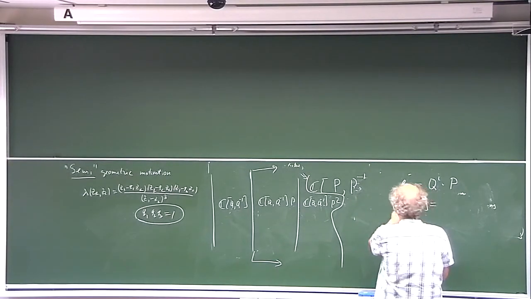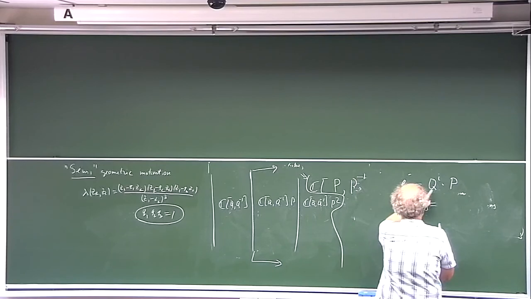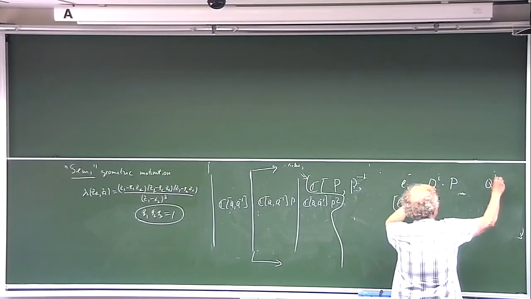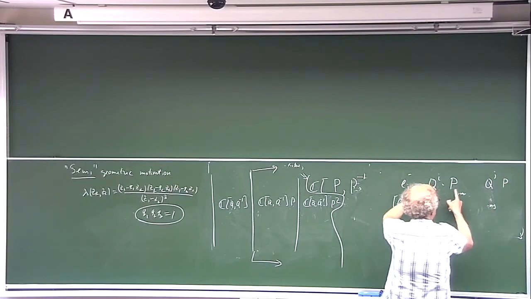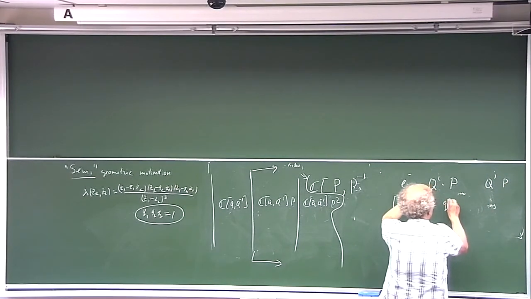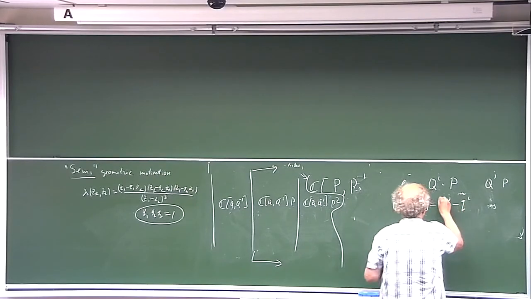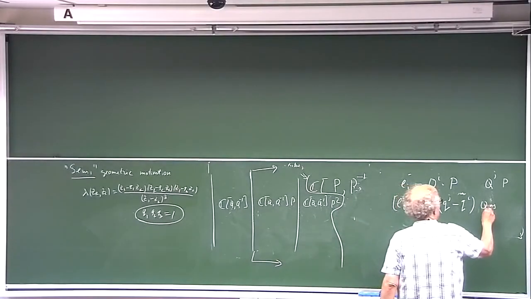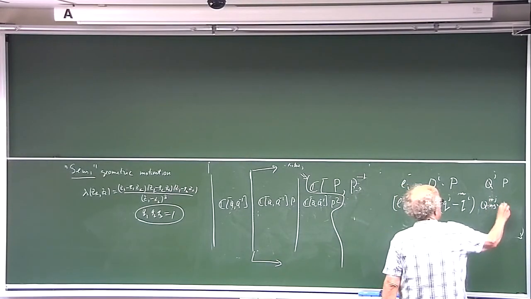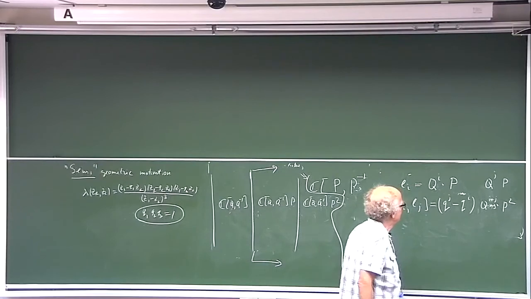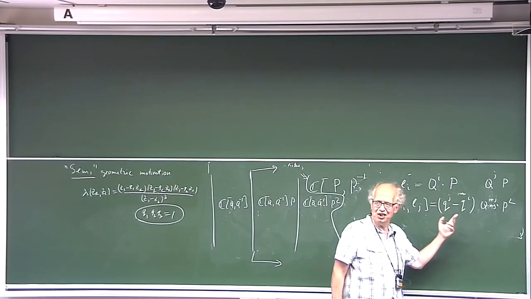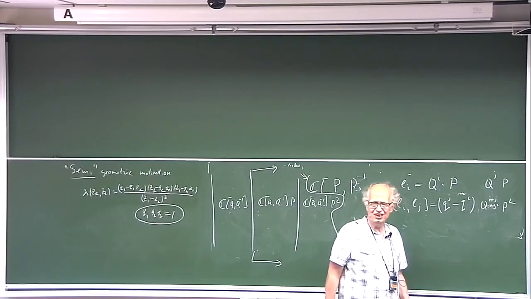Even in general it is simple, but we have Q^i and Q^j P, and so it will be q^j minus q^i, and here it will be Q^(i+j) times P squared. Again, I can confuse i and j, but up to this, it is correct.